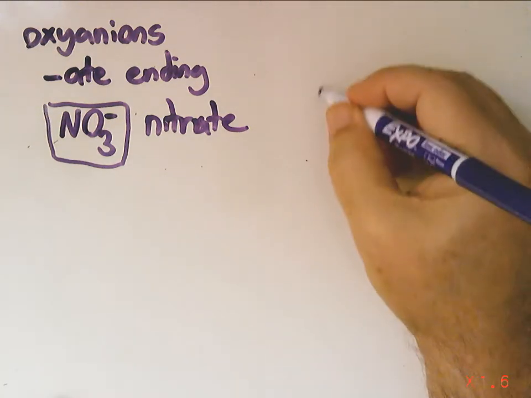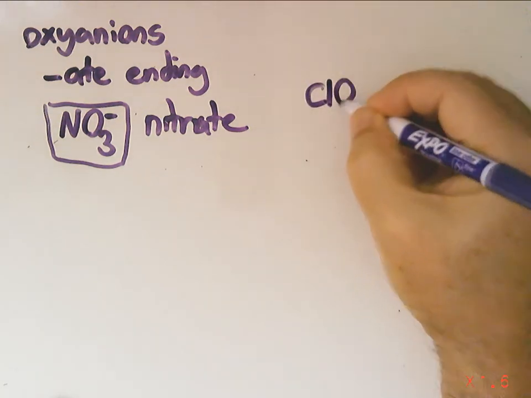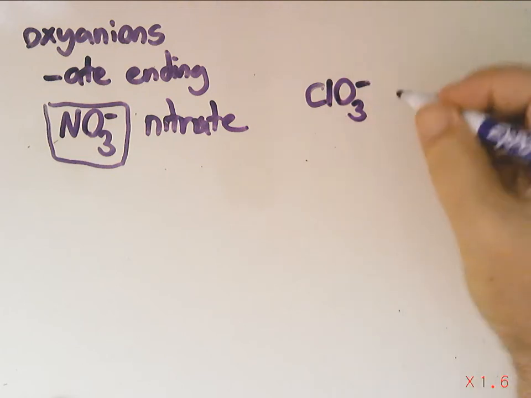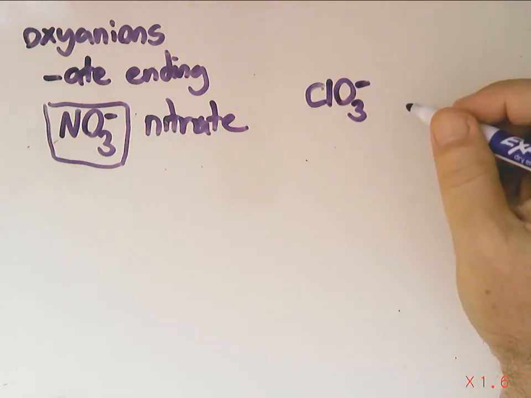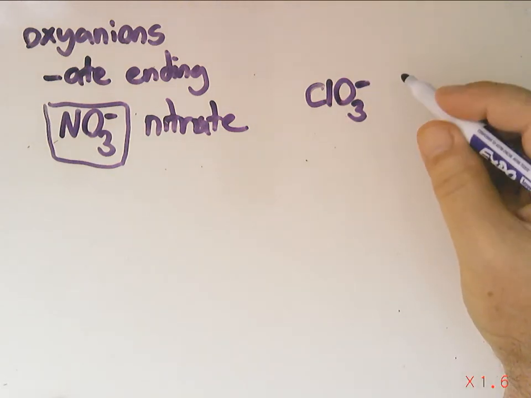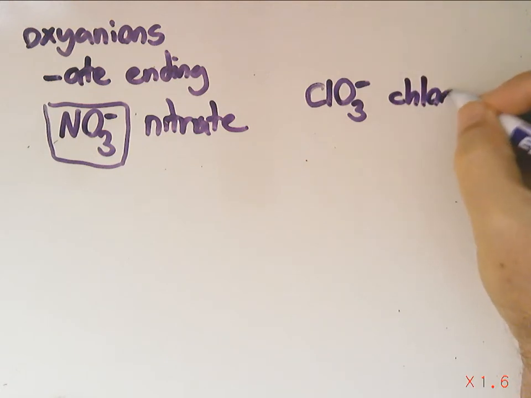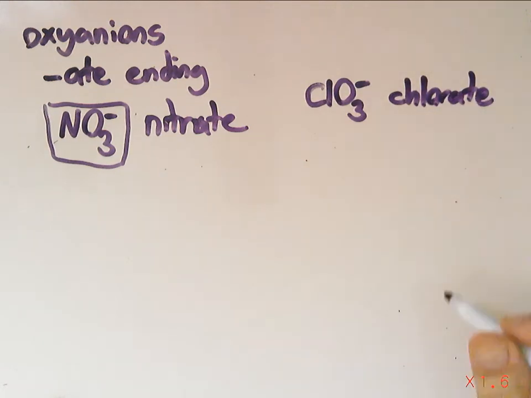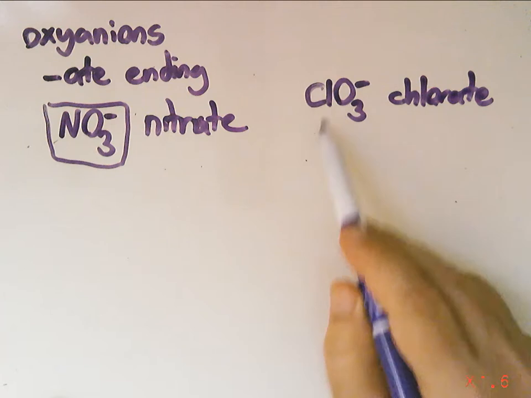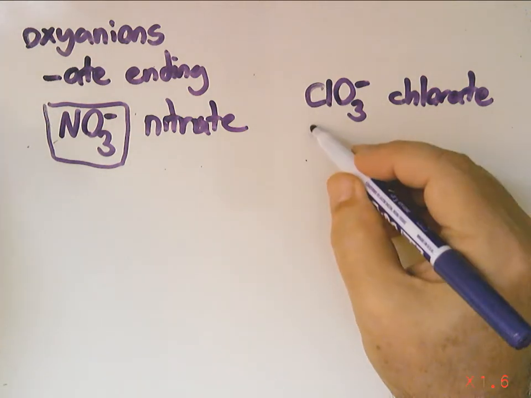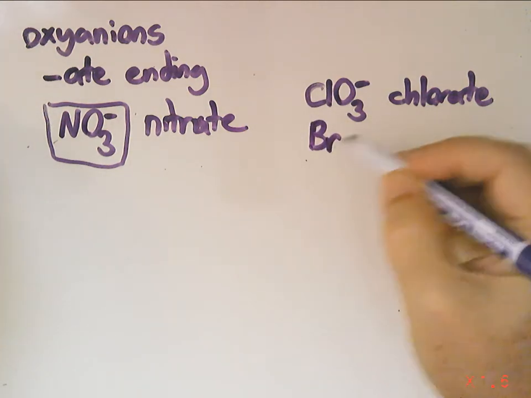What are some others? These are all listed, the ones you should memorize, on the second page of the tips sheet that I have posted under this lesson on the website. This is chlorate. And you can look underneath chlorine on the periodic table. You've got bromine.